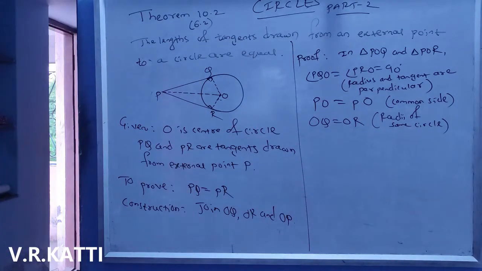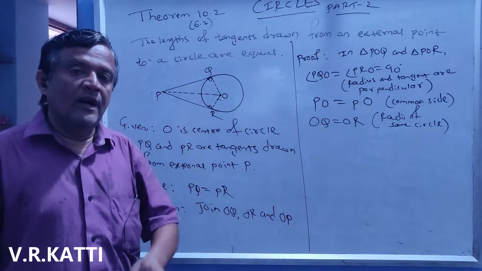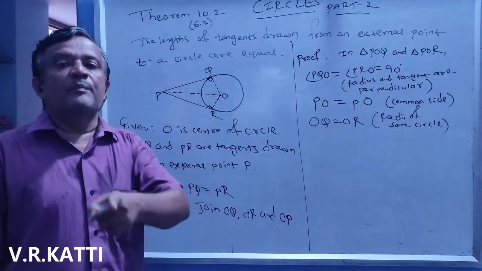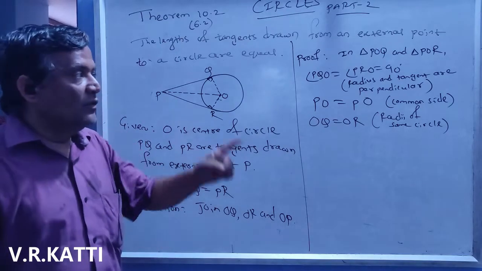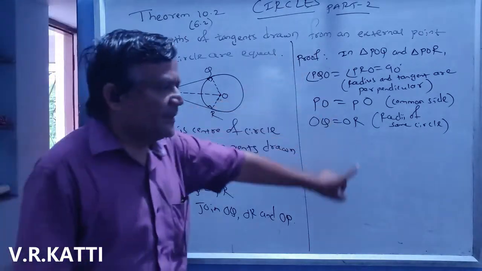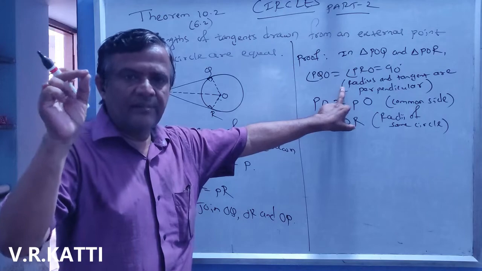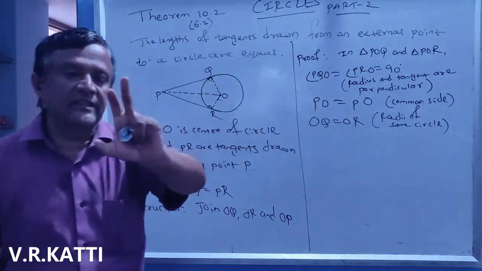Radii of the same circle, OQ equals OR. And students, remember, while writing the steps in the proof of a theorem, you must mention the reason. Every step has a reason. In the bracket, you have to mention the reason.